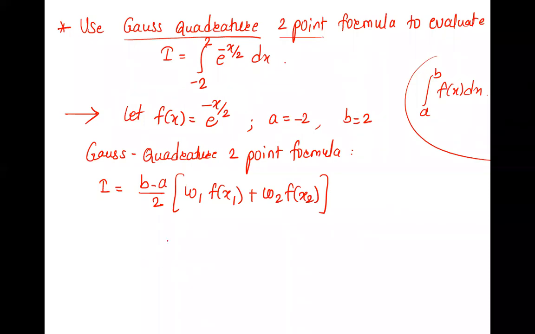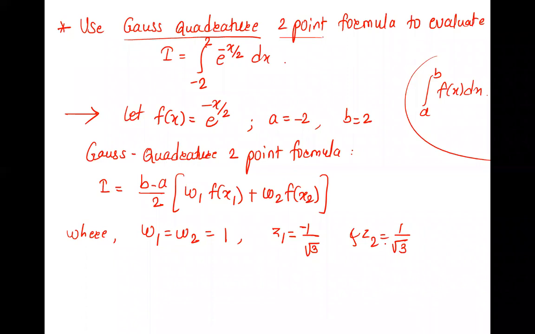Okay. And where W1 and W2 is what for 2 point? 1, 1. And what is Z1 and Z2? Z1 is minus 1 by root 3 and Z2 is 1 by root 3. Okay, these are fixed values you have to remember. And where you also will find x1 and x2.